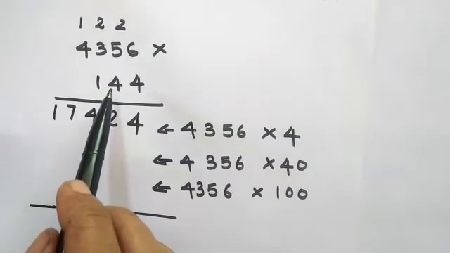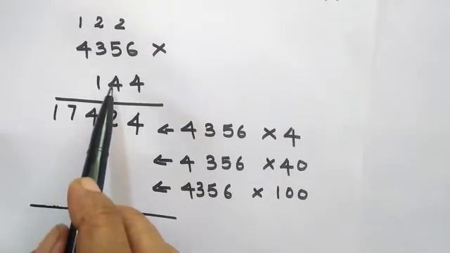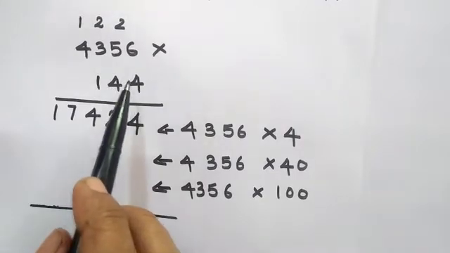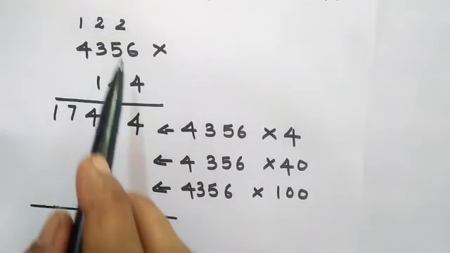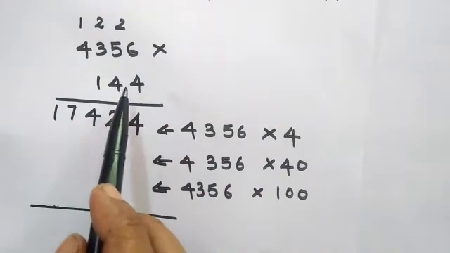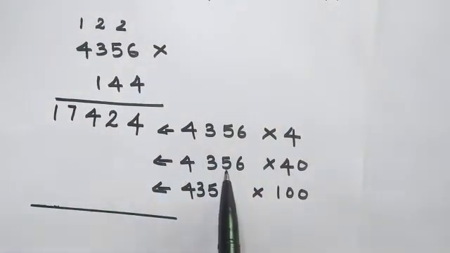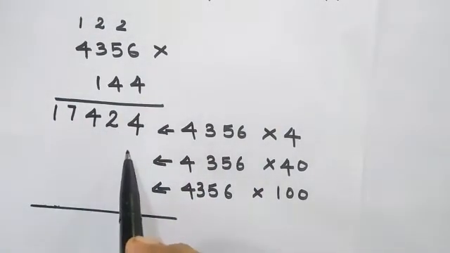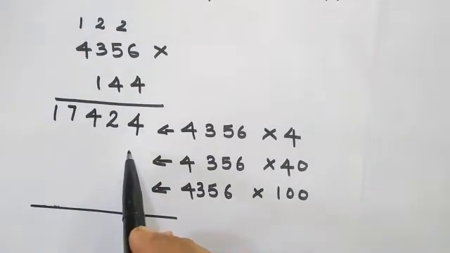Next digit, the tens place digit, is 4. So, its value is actually 40. We have to multiply this number with 40. So, first we will multiply with 4 and put 0 in the ones place.